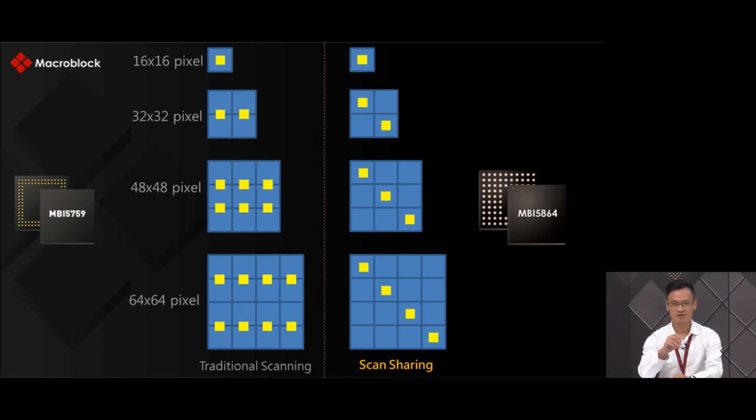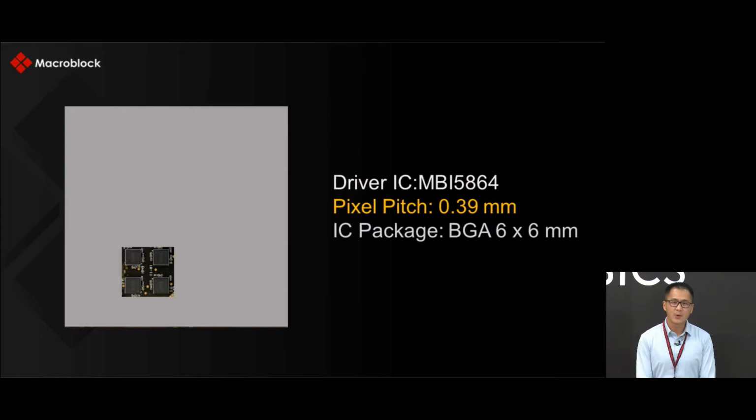Well, I noticed this new part number, MBI 5864, highly integrated with scan sharing technology. At the same time, providing minimum driving current, 100 microampere. I'm curious, what is the smallest pixel pitch that it has so far? Here, let me show you a real case.